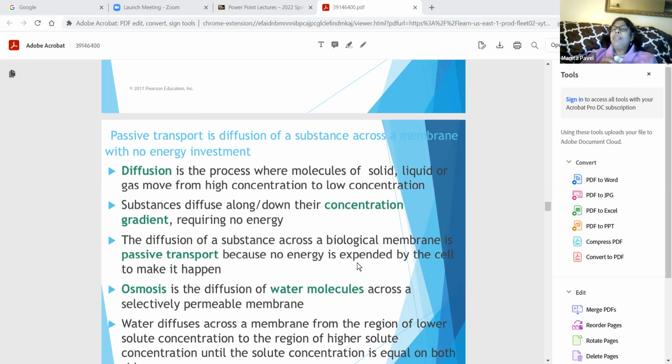Or let's take a more vivid example. If you were making a juice with Tang crystals or Kool-Aid crystals, and you dropped blue Kool-Aid crystals into your water, you would see they move from high concentration to low.